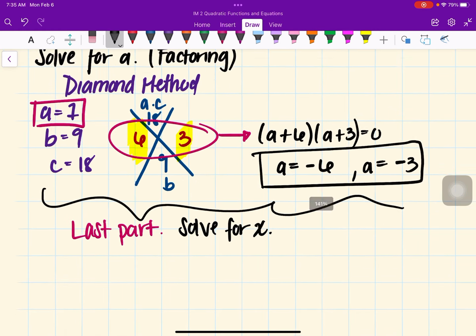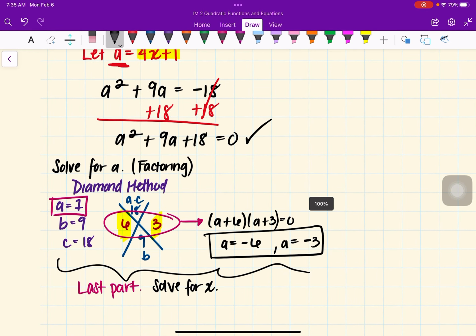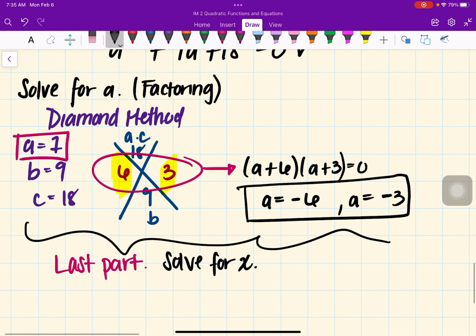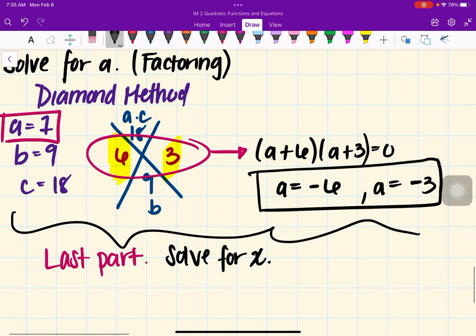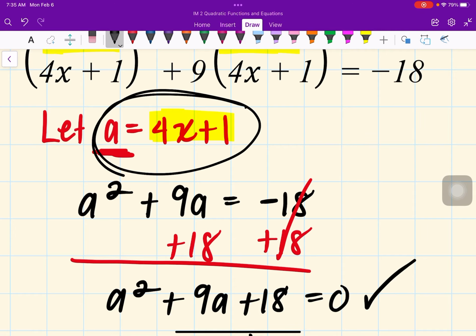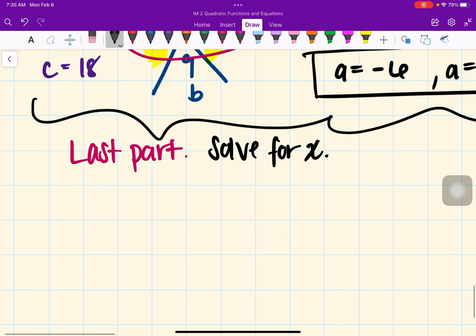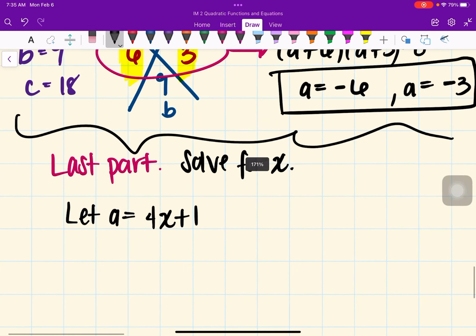It doesn't really matter which one I choose, but I need one of them to help me solve for x. If we look back up here at when we first started solving for this, we had said let a equal 4x plus 1. Let's just double check that, and that is correct.